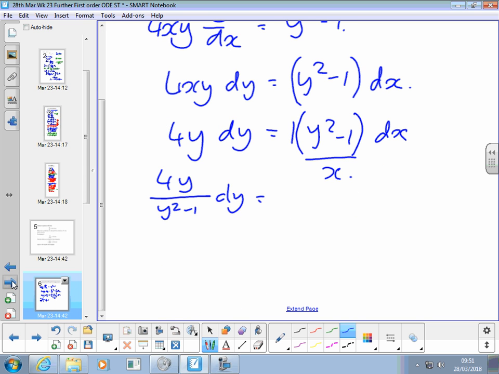What's left on this side? Yeah. No need to move the 4. That's just a number.